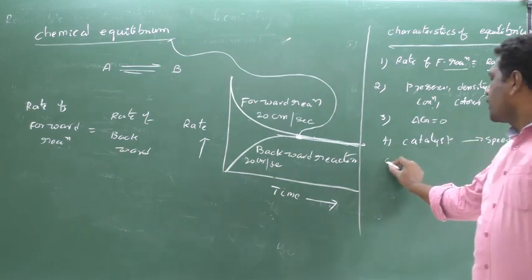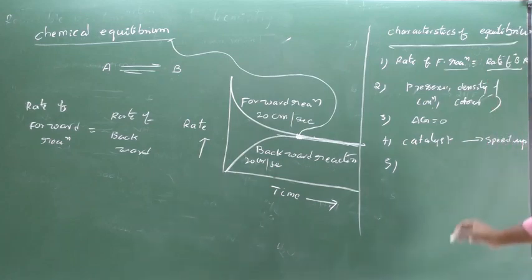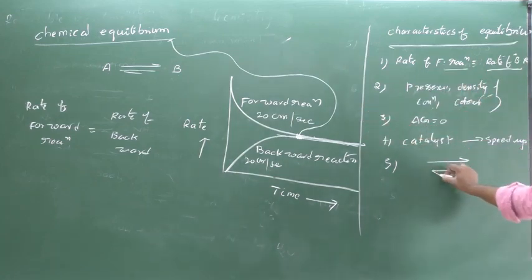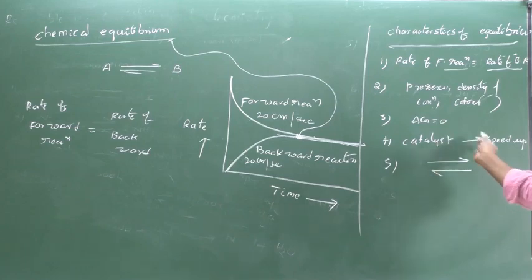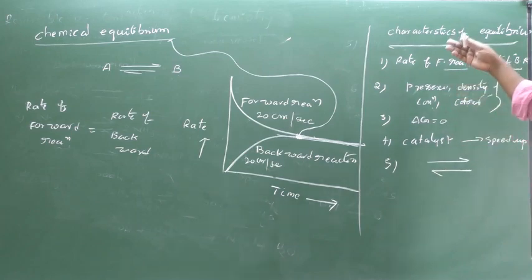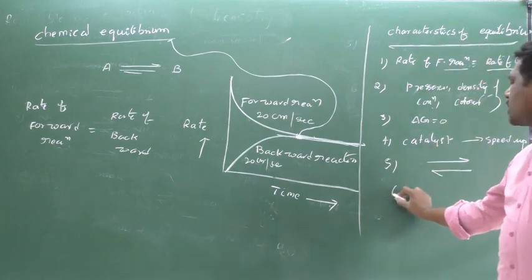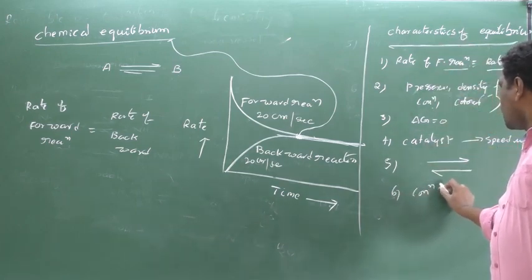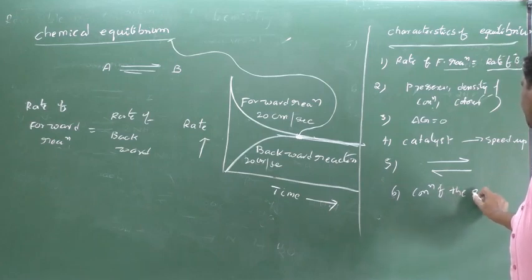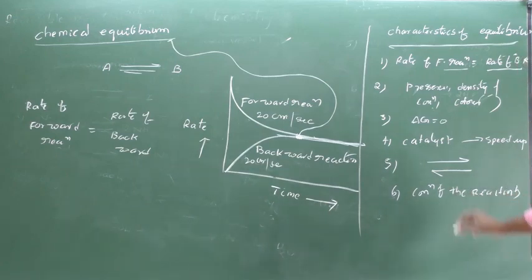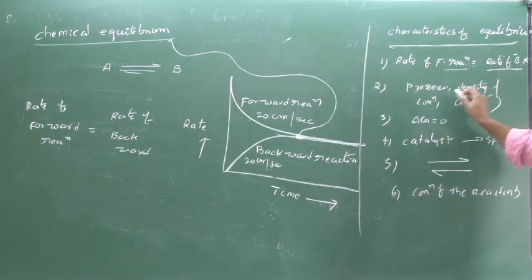And fifth, chemical equilibrium can be attained from both sides, from the reactant side or from the product side. So there is no change in the concentration of the reactants or products in chemical equilibrium. First, the rate of forward reaction is equal to the rate of backward reaction.